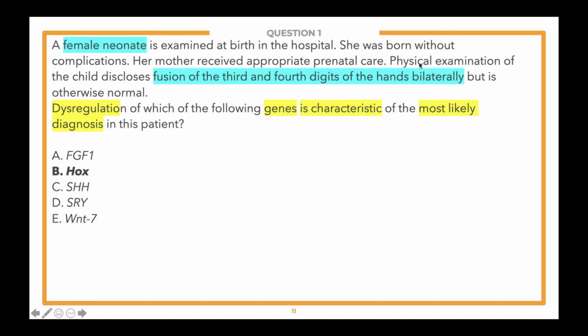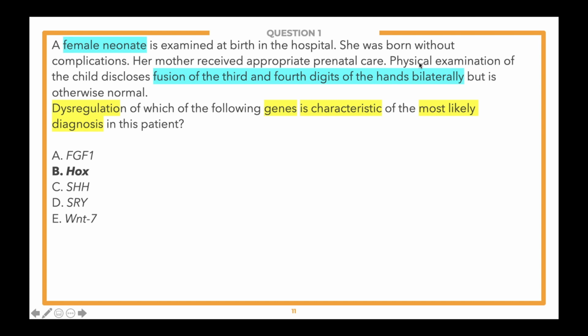Thank you, Sean. Yes, great job with this question. So this patient, we're told, has fusion of the third and fourth digits of the hands bilaterally. And this is called syndactyly, or fusion of the fingers or toes. And this can be caused by medications, genetics, or even both.